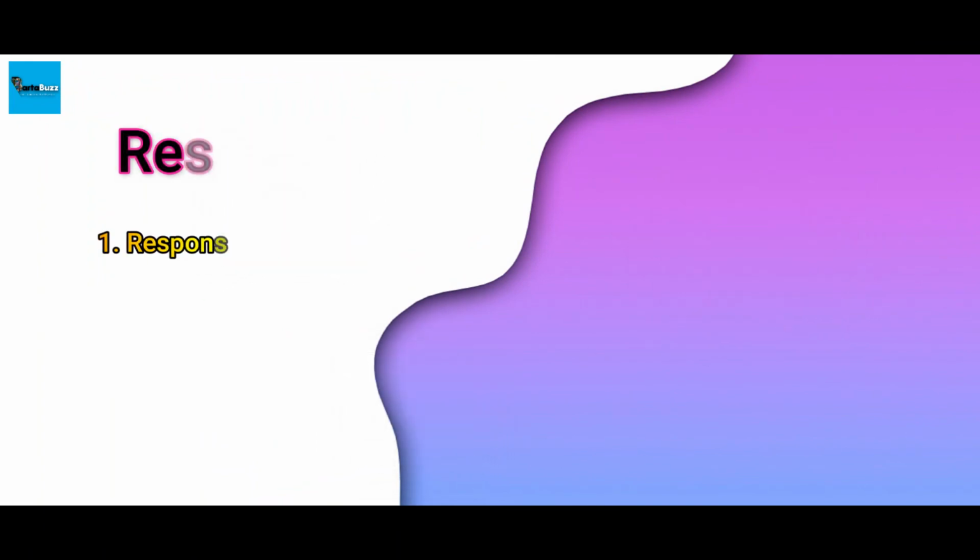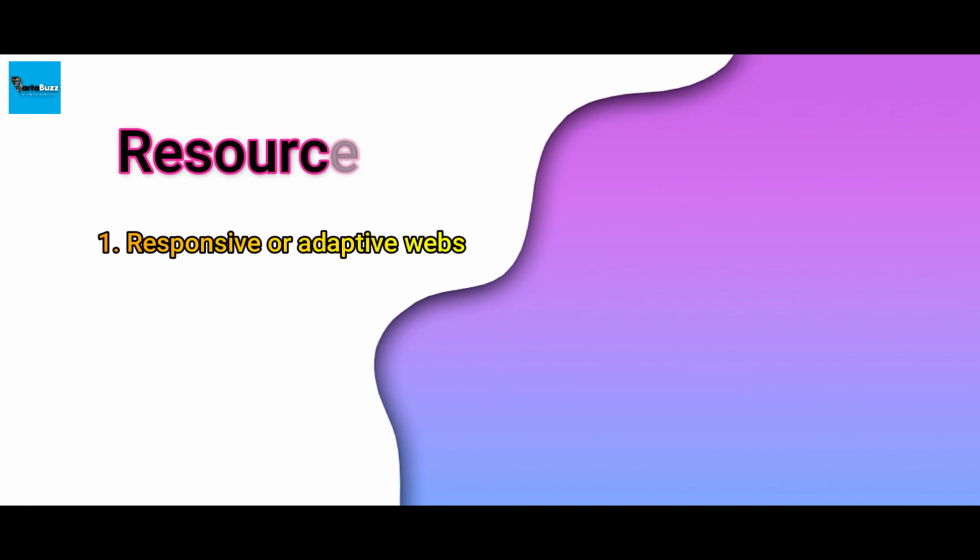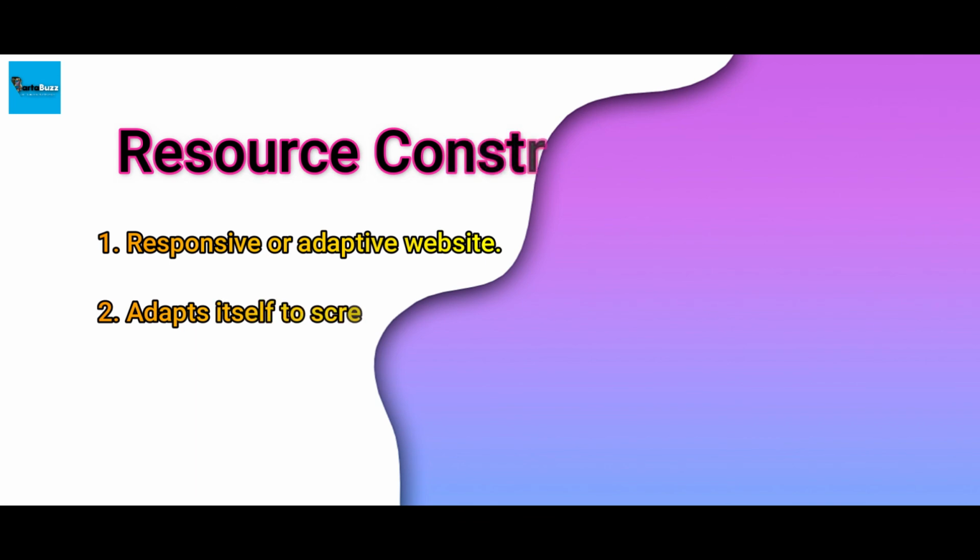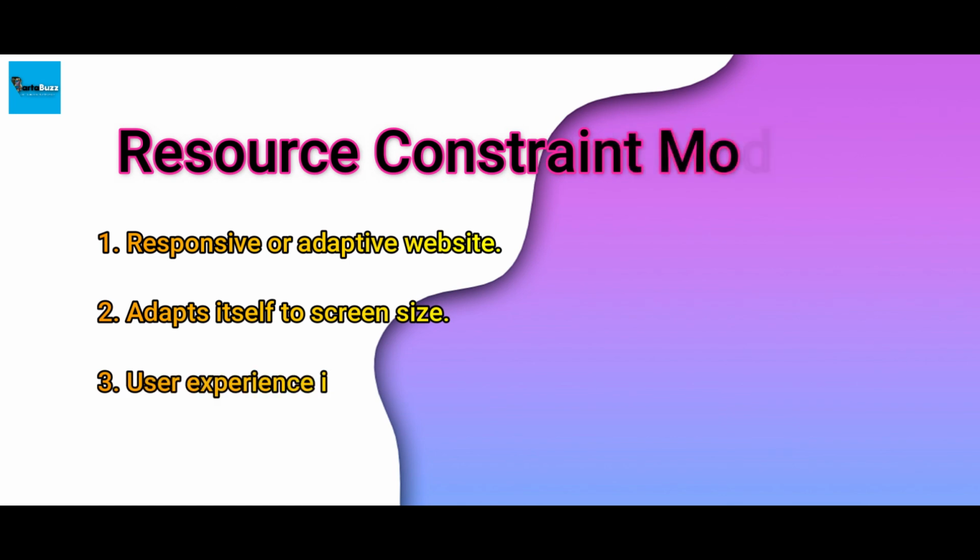Now for that I have something very special for you, which you can currently see on your screen, that is Resource Constraint Model, which is popularly known as RCM. Now the first thing is that you must have a single website. There is no need of creating two different websites just like Amazon, one for the desktop and one for mobile, but you have to create a single website.